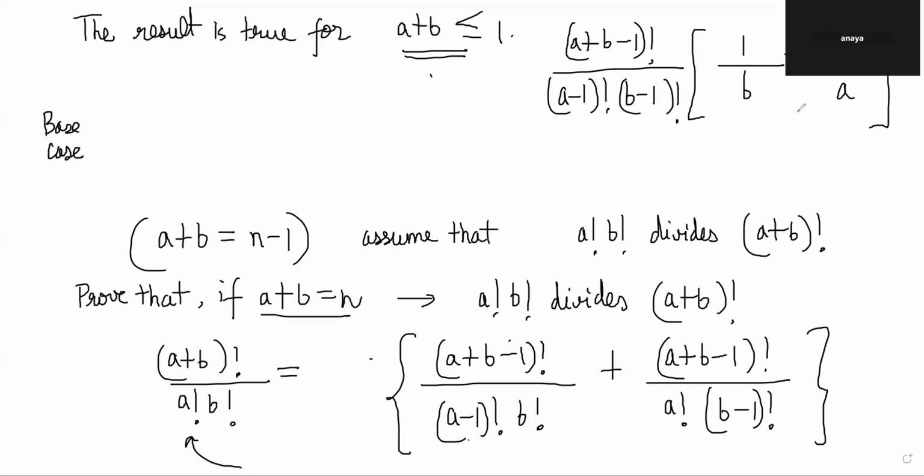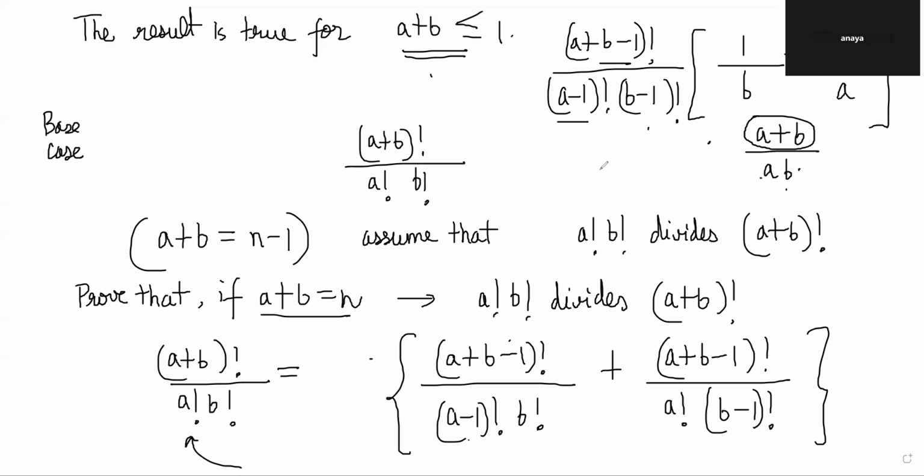So this becomes a plus b by ab, and now you can see that if you multiply a plus b with this, the top part is a plus b factorial. And if you multiply a with this, it is a factorial, and b with this, it is b factorial. So it is clear that we can write this thing as this plus this.